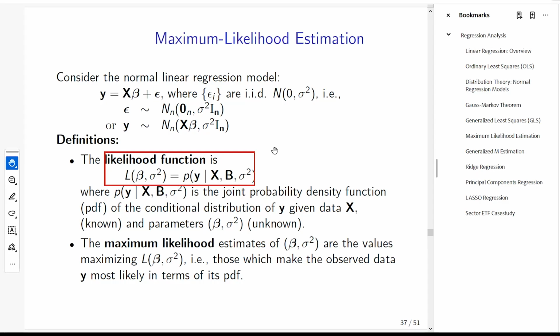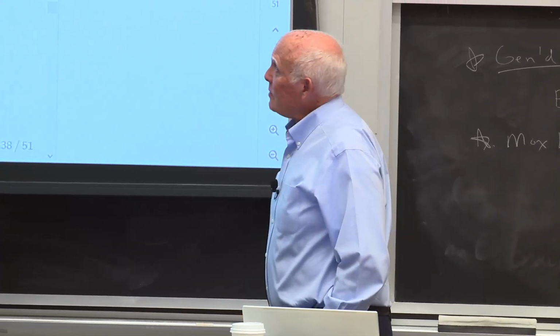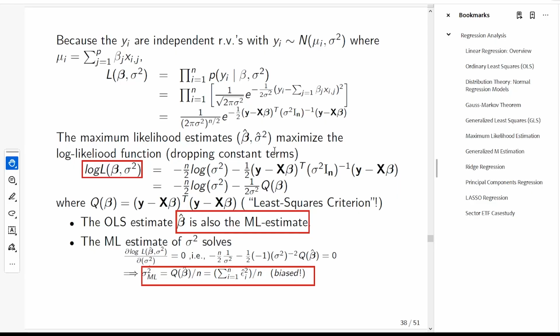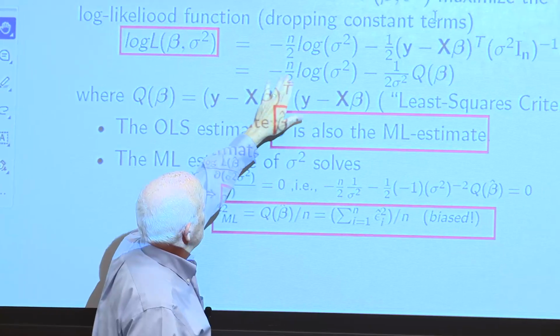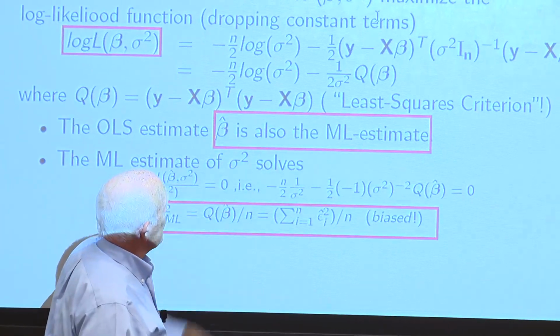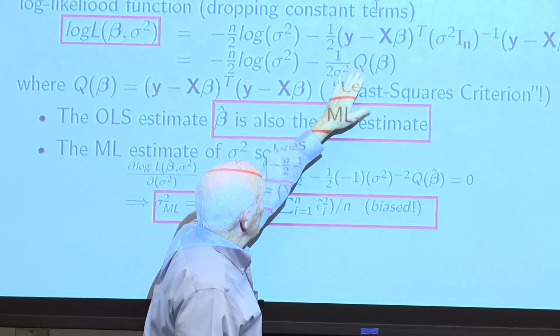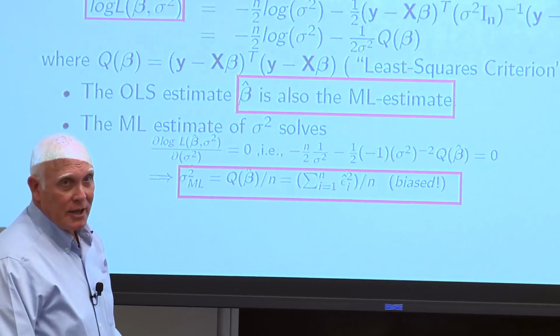We're going to show what it is for the Gaussian distribution. What we can see on this slide is that the log of the likelihood is the log of this density on the top line. It can be equal to minus n over 2 log sigma squared minus 1 over 2 sigma squared times Q of beta, where Q of beta is our least squares criterion.